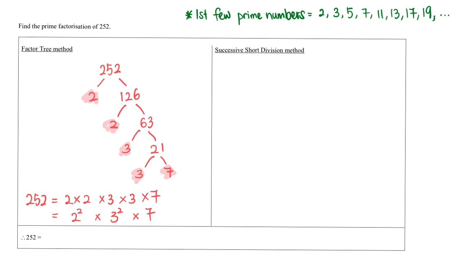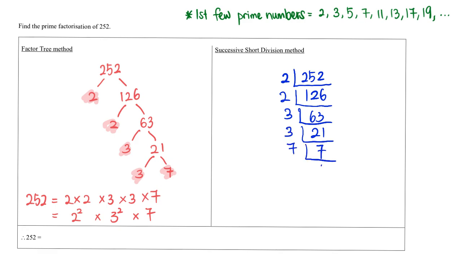Now, if I use the other method, it should give me back the same answer. I divide by 2. 126 divided by 2. 63 divided by 3, 21.